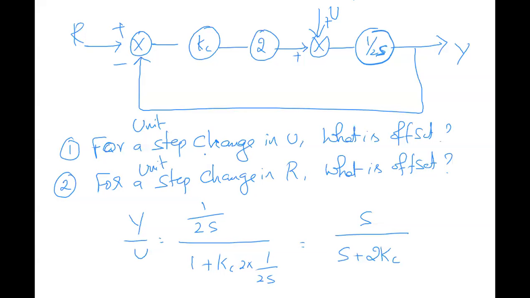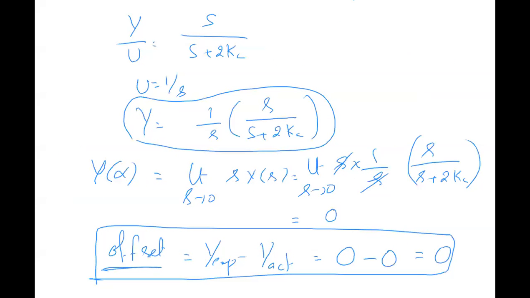There will be S in the numerator. The 2S here cancel out. So I think it is 1 S by 2 into S plus 2 Kc. Is it right? Yeah. This will be 2, but it doesn't change the answer basically. The answer will remain the same.